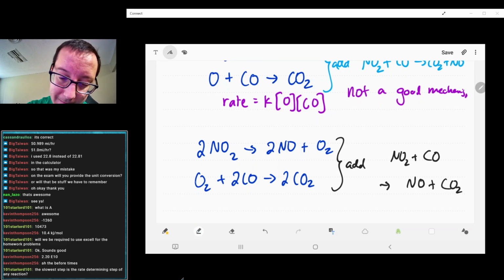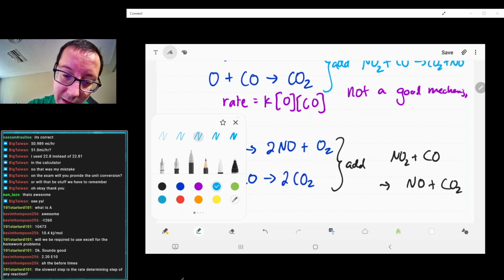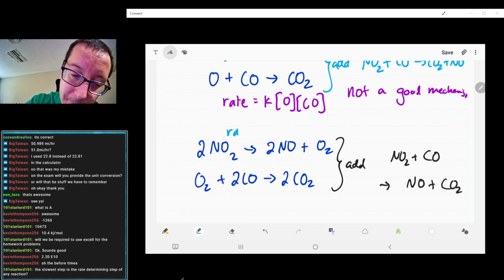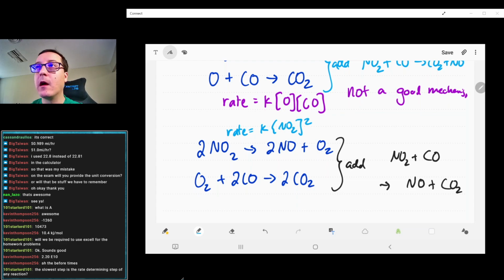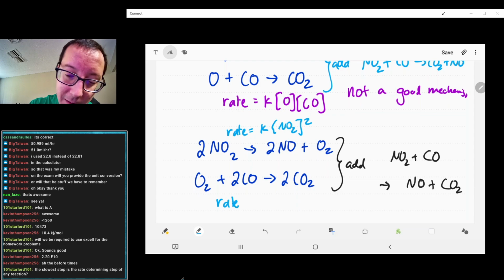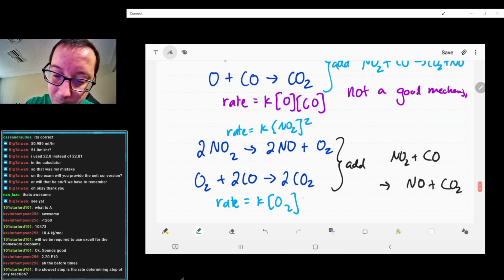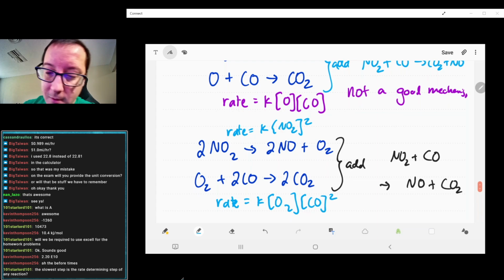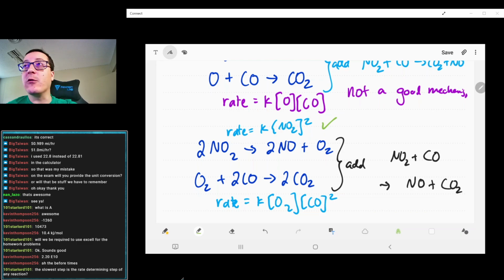But now look at what's happening here. Aha! And if we were to do this, we can do that, by the way. We saw our experimental evidence came up with that as our rate law.